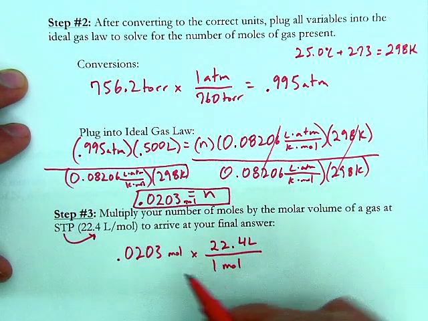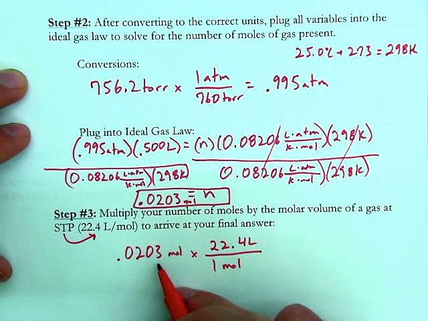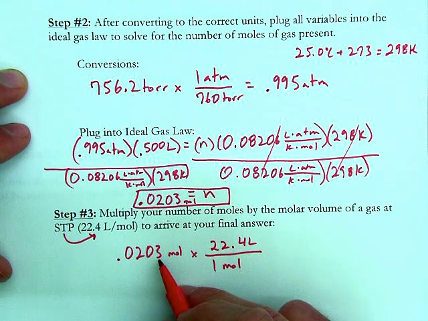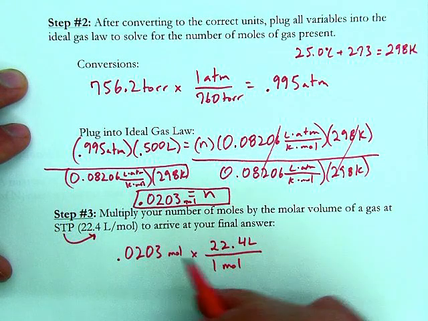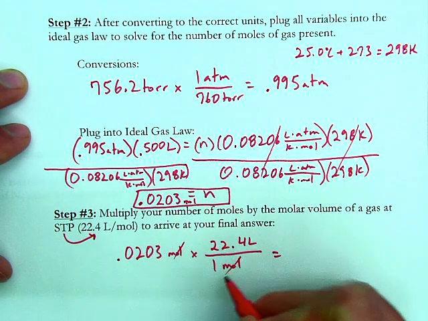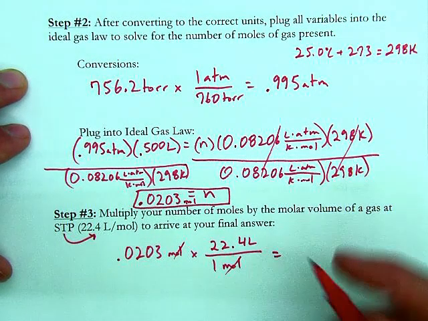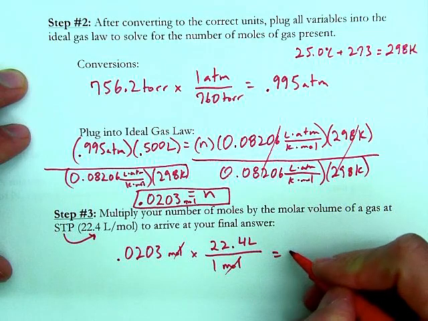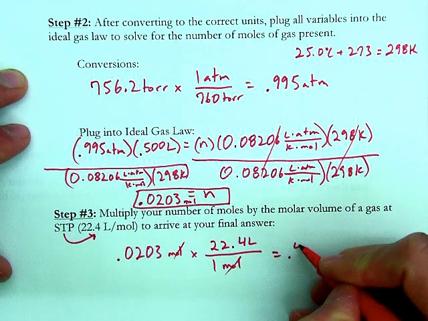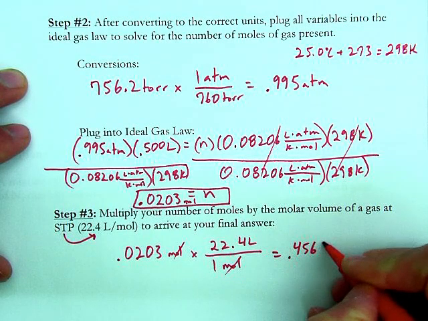Now you could plug N into the ideal gas law, where P is 1 atmosphere and T is 273 Kelvin, but you would end up getting the same answer. Moles will cancel, and you'll be left with your answer in liters, which is about 0.456 liters.